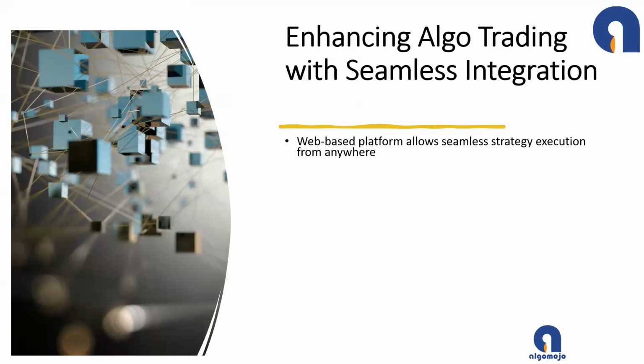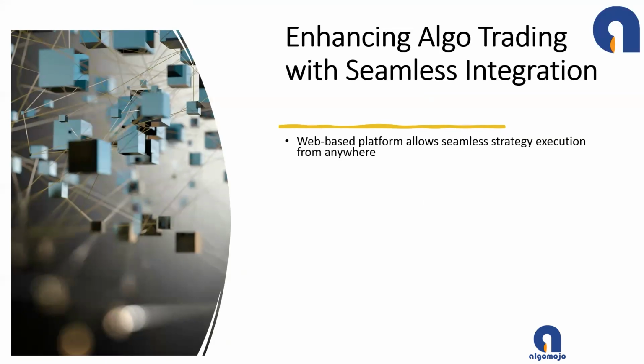Now, we are a web-based platform. Using any browser, you can use our platform for execution of the signals into your broker account. You can place orders from your chart into your broker account using Algomojo as a bridge. We don't have any app.